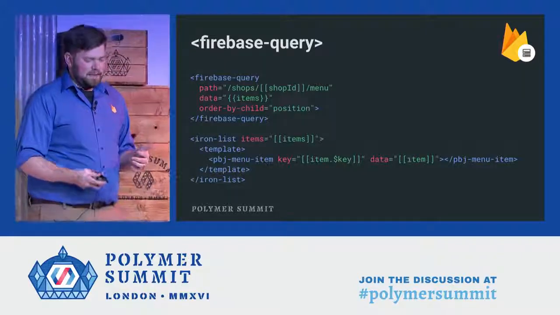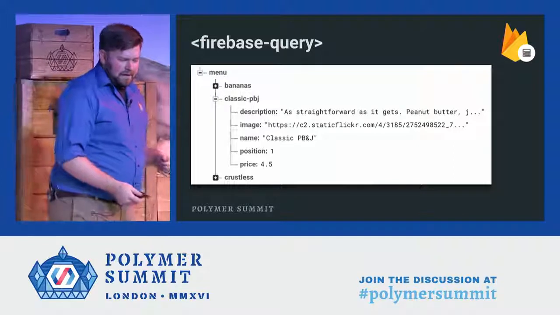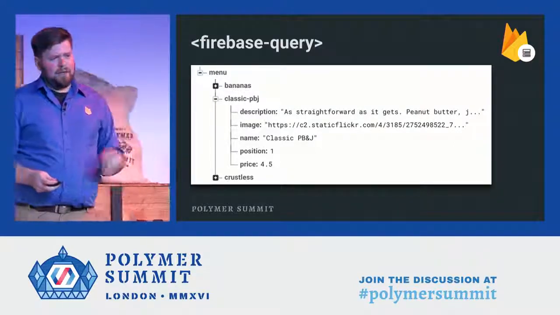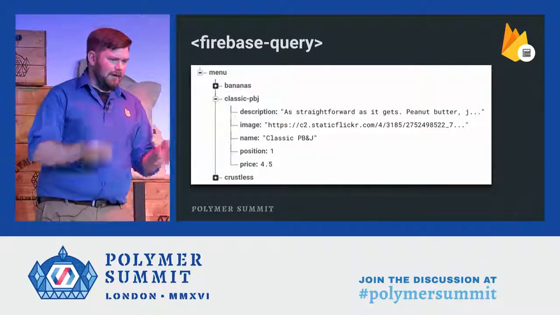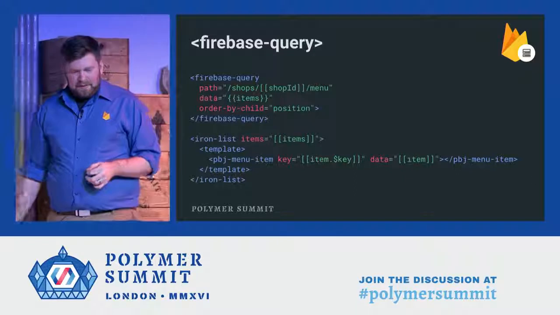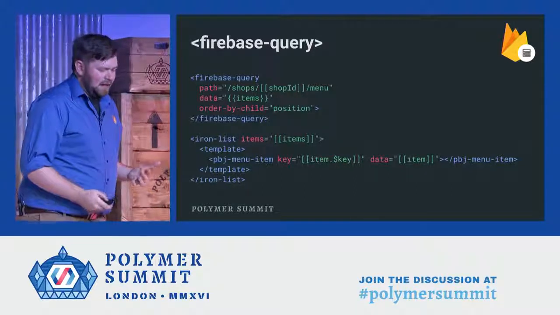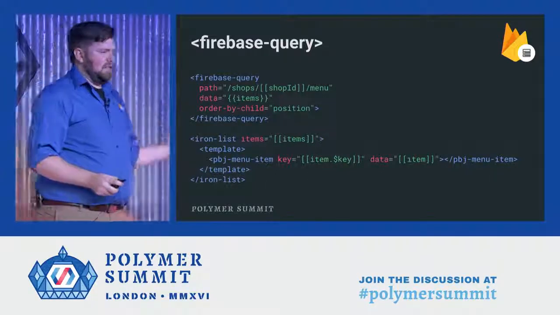And in this case, I'm saying that this position property that's in my data is what I want to order by. So if I have position 1, 2, 3, 4, 5, then it'll order by that. And then below this, I'm just using a standard iron list and I'm binding it in there. And the only difference that you'll see is that there's an item.$key.